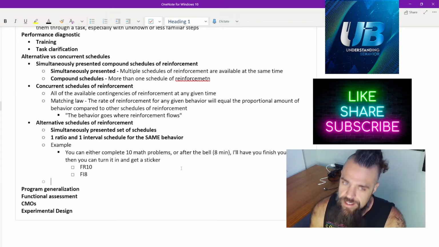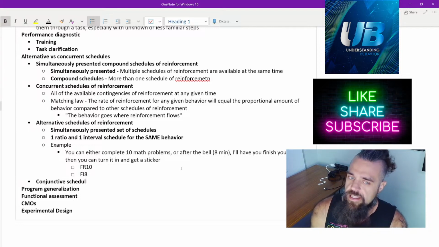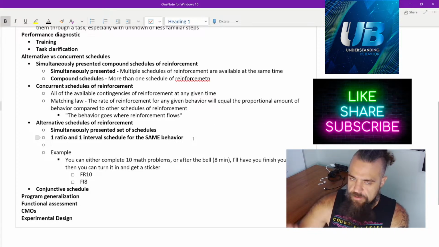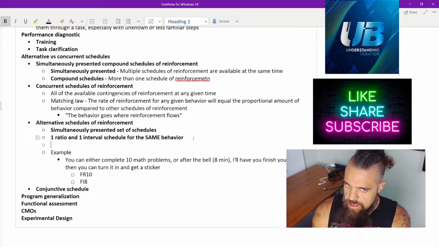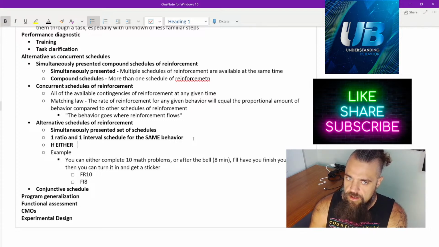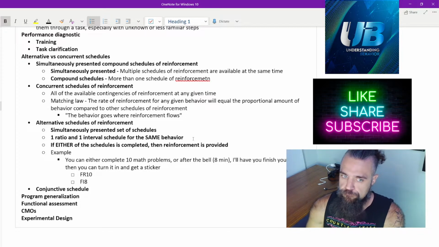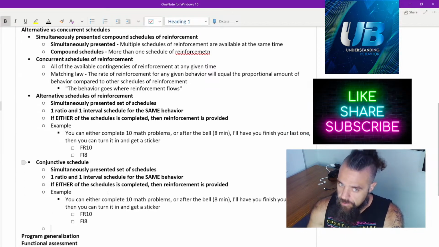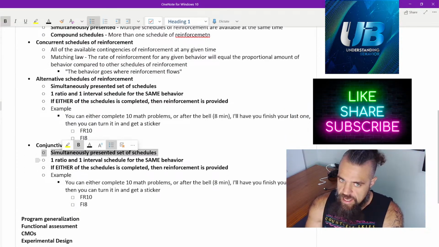And while we're here, we may as well go over the conjunctive schedule, because it's extremely similar. So the main differentiator for this alternative schedule is that if either of the schedules is completed, then a reinforcement is provided. Our conjunctive schedule is pretty much the same thing. It's, again, a simultaneously presented set of schedules.